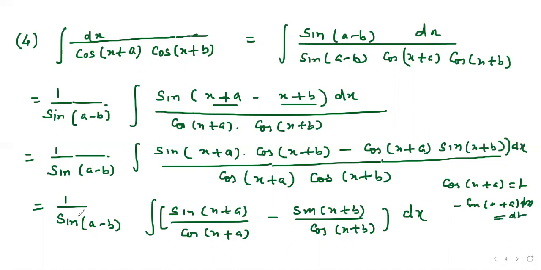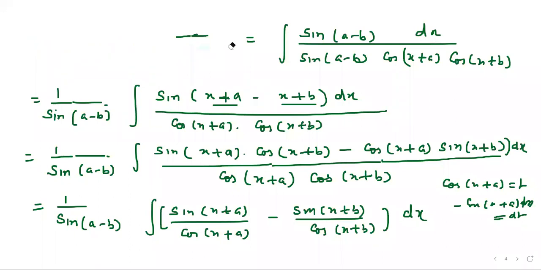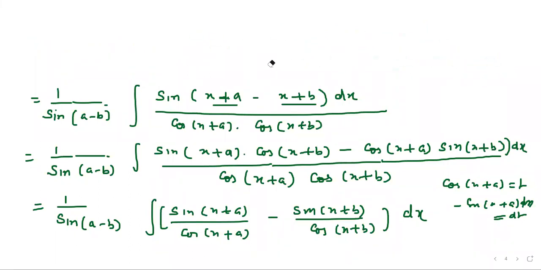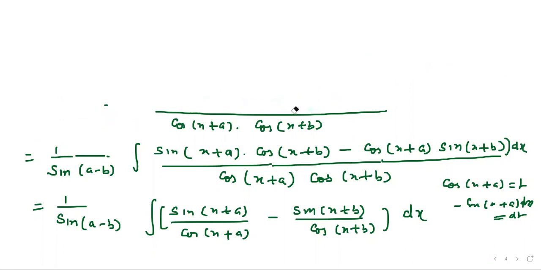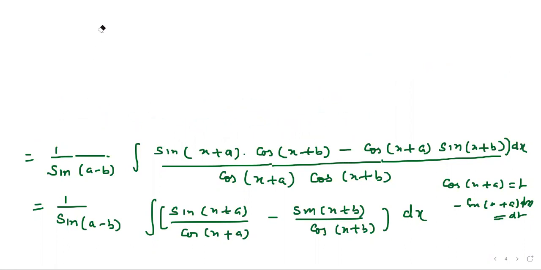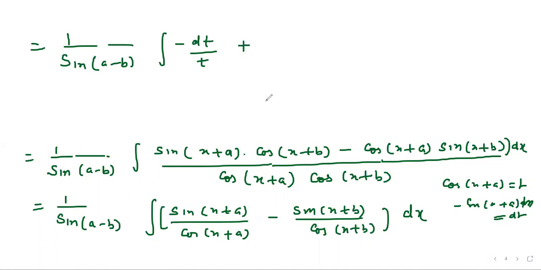So this will become 1/sin(a−b) integration of −dt/t, where cos(x+a) is taken as t, and the second term will become, suppose this is t1, so dt1/t1.